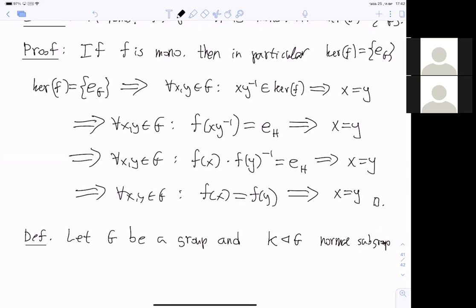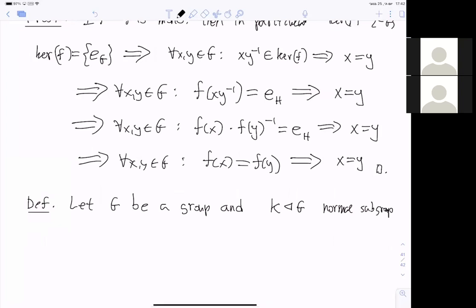We call the map from G to G modulo K. You remember what this is?